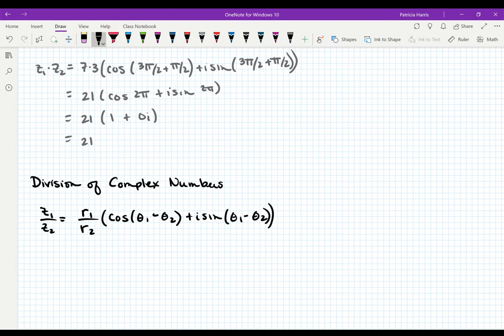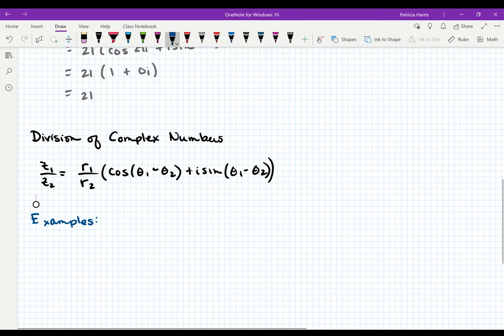Okay, again, let's do some examples. Let's do z1 is 24. This one we'll do in degrees.